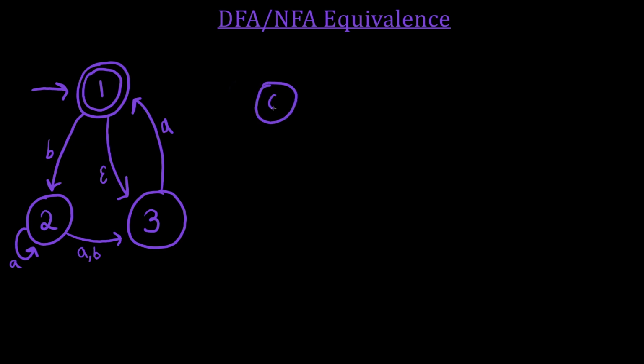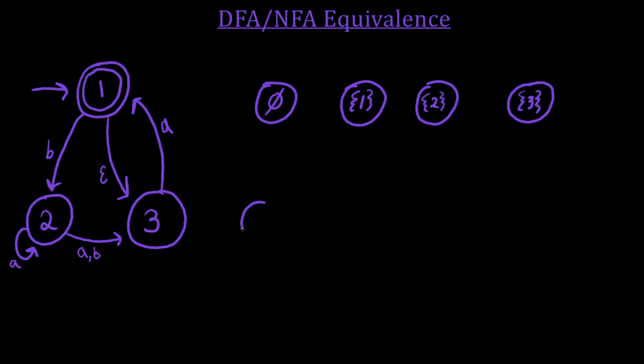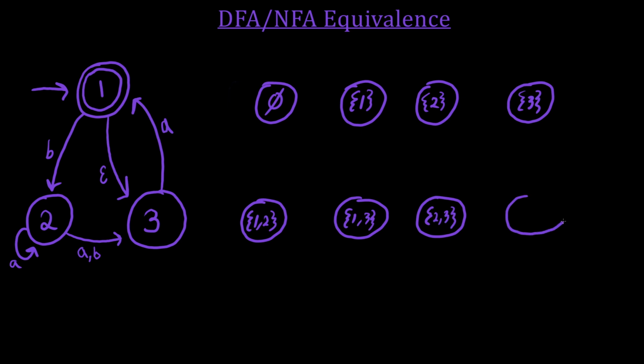So we're going to have a state corresponding to the empty set, a state corresponding to the state 1 in the NFA, a state corresponding to the state 2 in the NFA, a state corresponding to the state 3 in the NFA, a state corresponding to the states 1 and 2 in the NFA, a state corresponding to the states 1 and 3 in the NFA, a state corresponding to the states 2 and 3 in the NFA, and finally, a state corresponding to the states 1, 2, and 3 in the NFA.